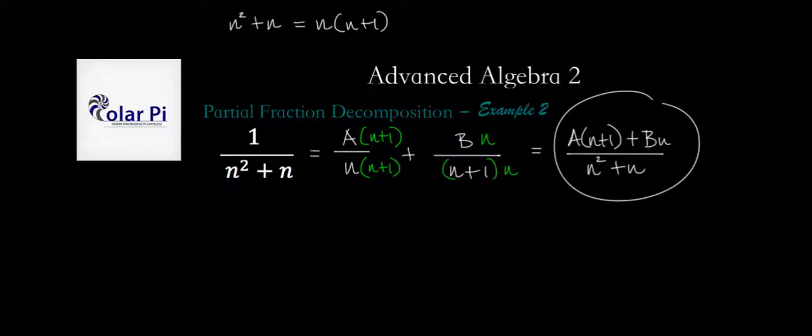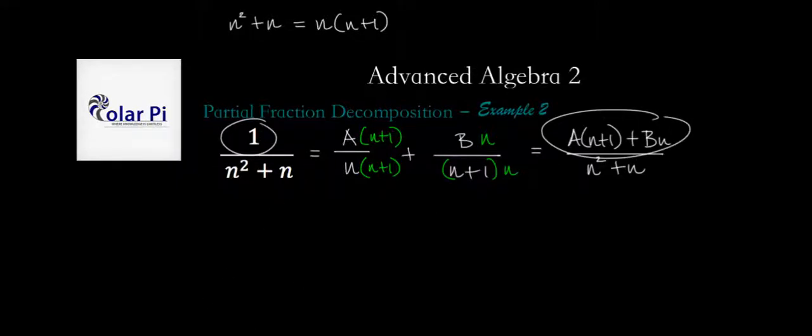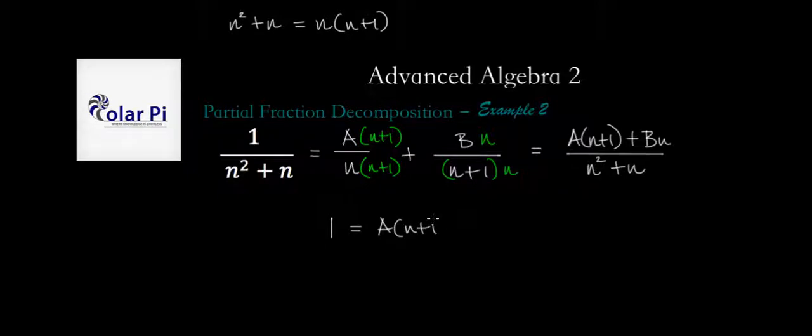Since this denominator is the same as this denominator, we only require that this numerator be the same as this numerator. So now we're worried about 1 having to equal a times n plus 1, and then plus b times n. I didn't need the parentheses around n, but I could also have it.